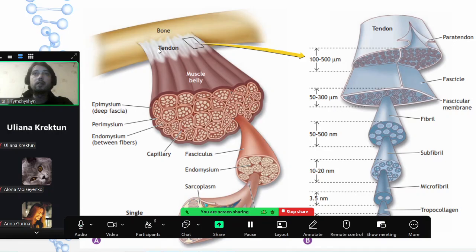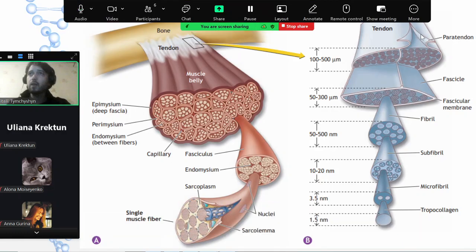Here you see the tendon. Tendon is basically what connects muscle and bone. On the right, you see the structure of the tendon, how it looks. On the left is a little more detailed structure of the muscle.